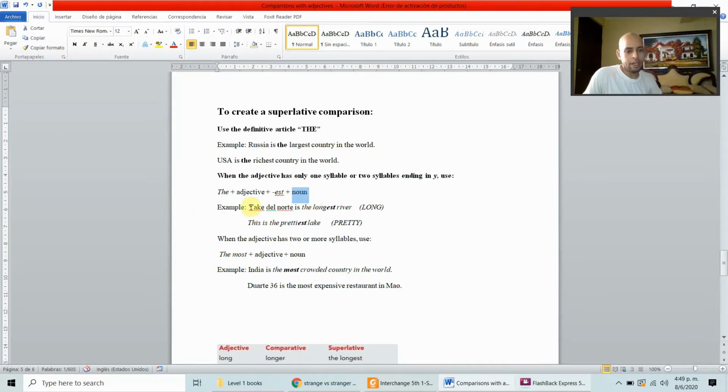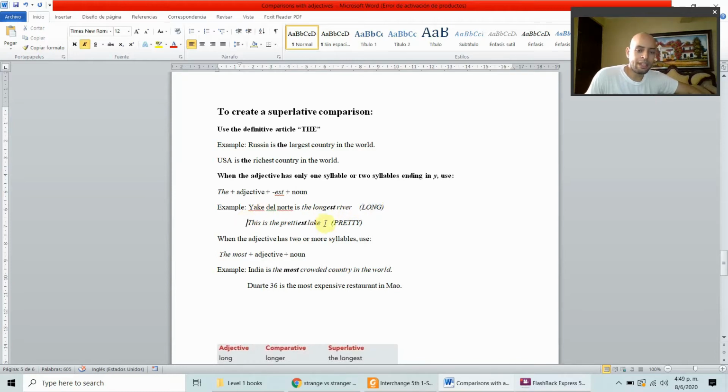For example, Yaque del Norte is the longest river. So you can see long, est, river. So we have the definite article, the adjective, est, and the noun, river. And the adjective we use is long. Yaque del Norte is the longest river.